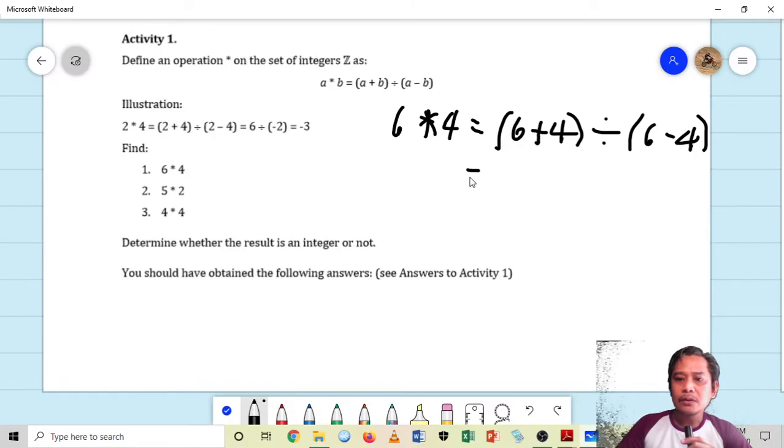So this would be equal to 10, that is 6 plus 4, divided by 6 minus 4, which is 2, so the answer is 5. We need to determine whether the result is an integer or not. The result is an integer, so the answer is 5, which is an integer for number 1.